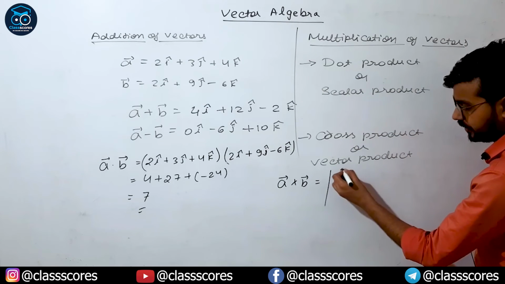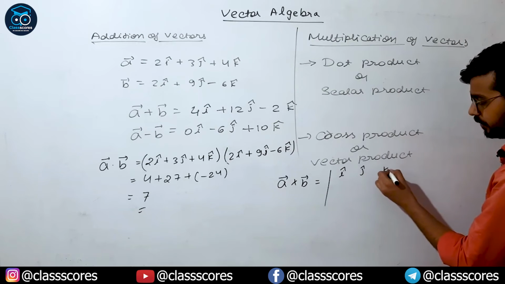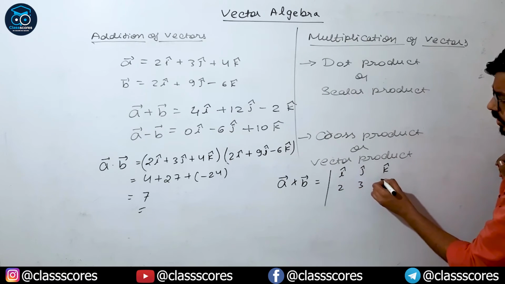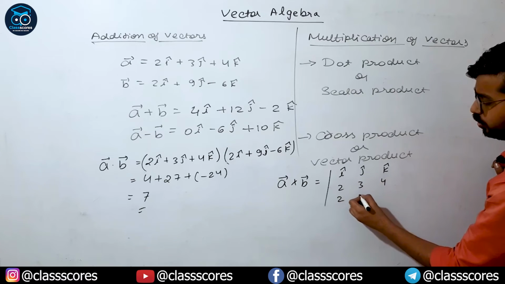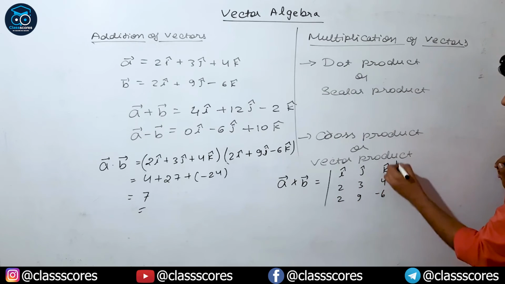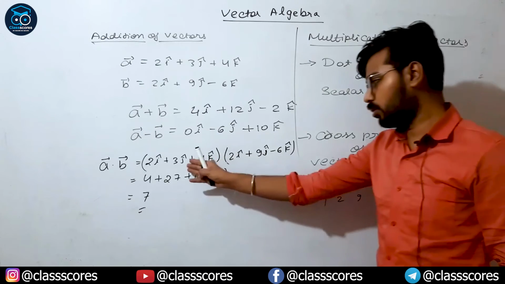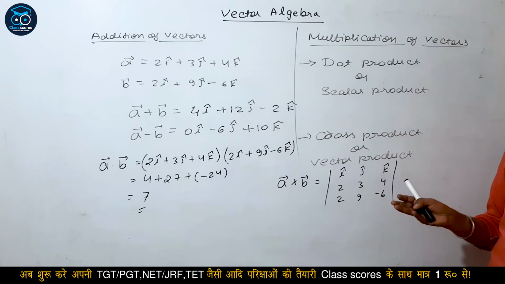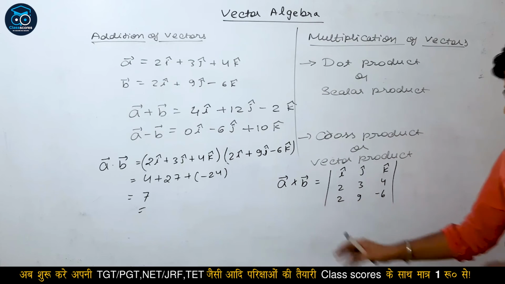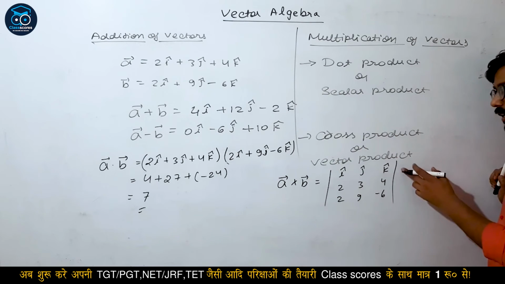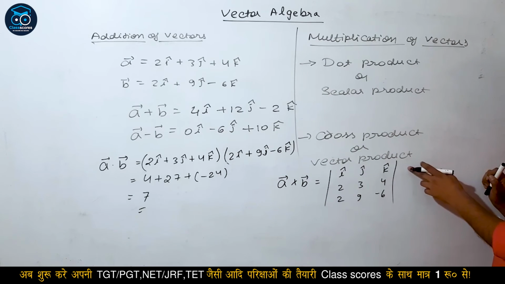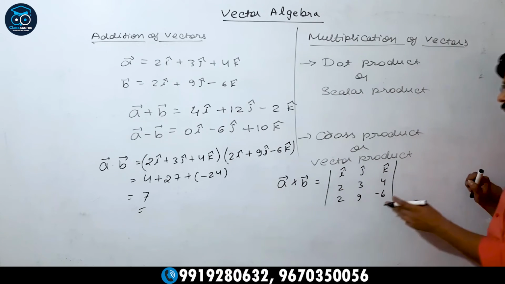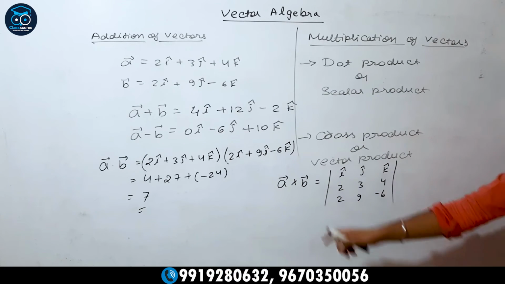So here we can write i cap, j cap, k cap, and the coefficients 2, 3, 4, 2, 9, minus 6. You can also do it with this process, but it will be quite messy. So we can solve this with the help of a determinant. Just write the first row as components, second row as a vector and third row as b vector.